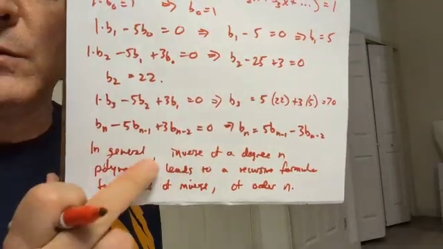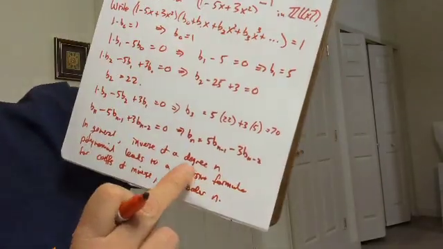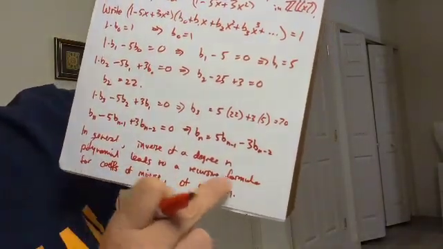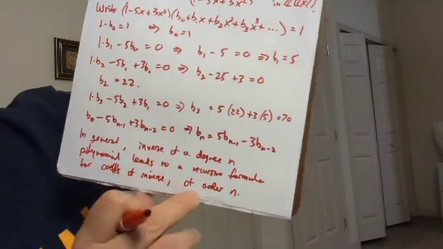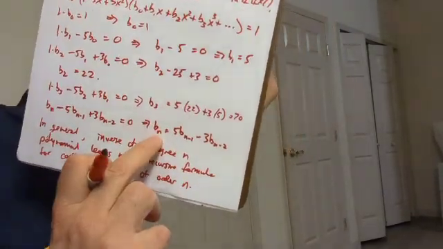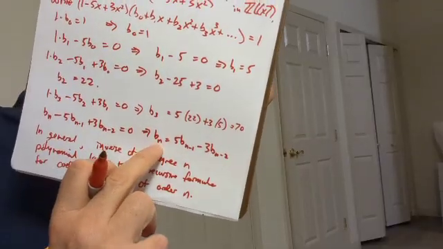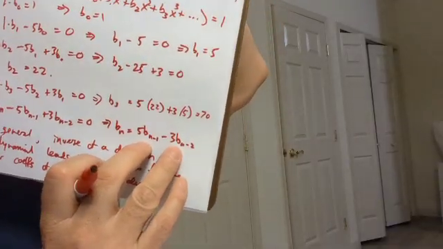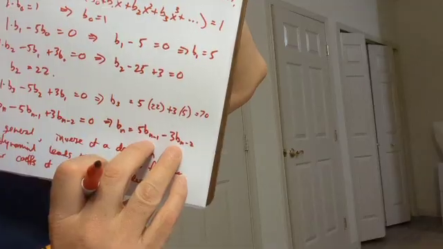So in general, the inverse of a degree n polynomial leads to a recursive formula for coefficients of its inverse. And that recursive formula has the one coefficient we're looking at and then a linear combination of n more on the right-hand side.